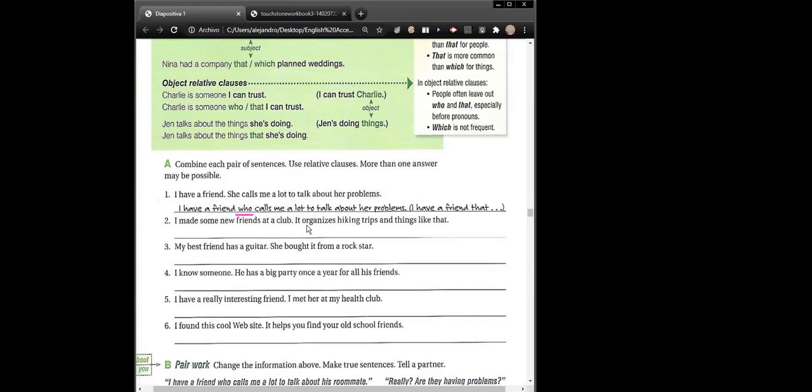Ok, pero en este caso, ¿de quién estamos hablando? ¿De los friends o del club? It's a club, no. Yeah, the club organizes, okay? Hiciste ahí amigos, you made friends, pero ¿quién es el que organiza los trips? El club. Entonces, ¿cómo, how can you tell me the answer? I made some new friends at the club that organizes hiking trips and things like that. Okay, excellent. David, number three.